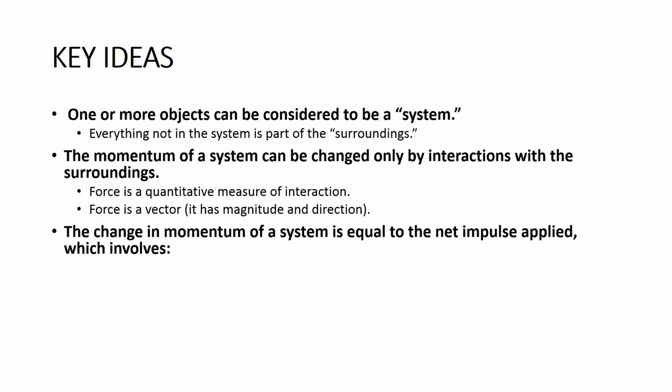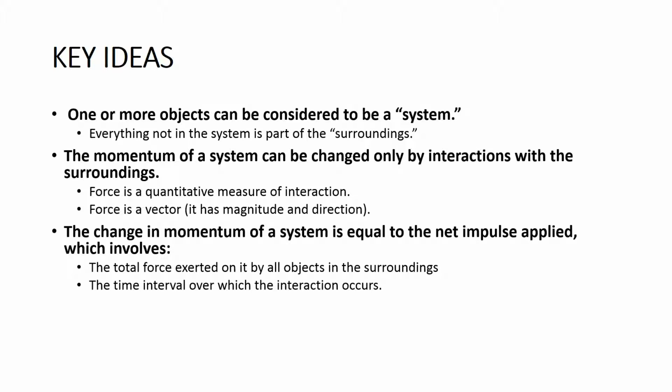The change in momentum of a system is equal to the net impulse applied, which involves the total force as well as the time interval. So a force acting for a time changes momentum.